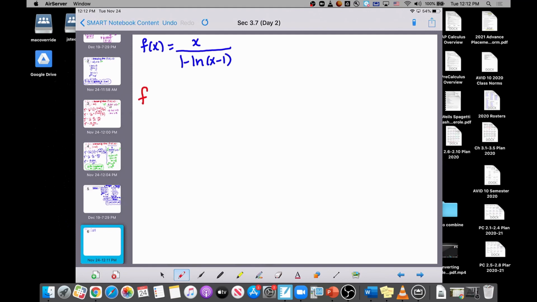All right, so f prime of x, low d high. So 1 minus natural log of x minus 1, there's my low. D high, derivative of x is 1. Minus high, there's x. D low, so the derivative of 1 minus ln of x minus 1.